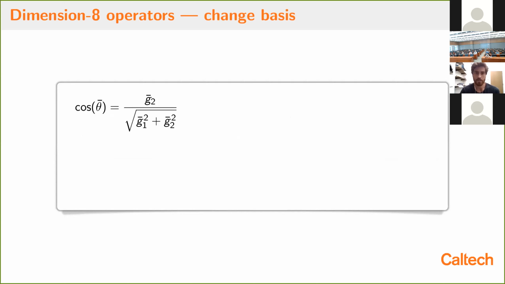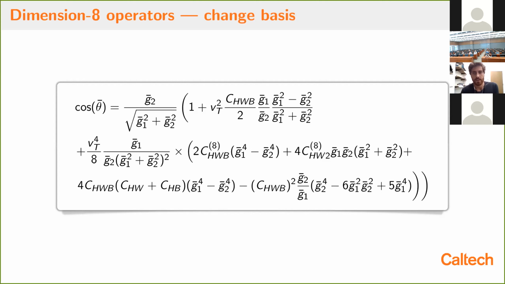It's just this ratio of gauge couplings. Then you have to bar all the gauge couplings. And then at dimension 6, you have to add this CHWB term. And if you go to mass dimension 8, there are now dimension 8 operators which enter, as well as these dimension 6 times dimension 6 operators. So you can see that this is just one example of many parameters you have to calculate and work out in detail. And it gets very complicated very quickly.